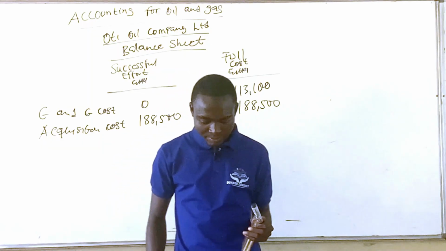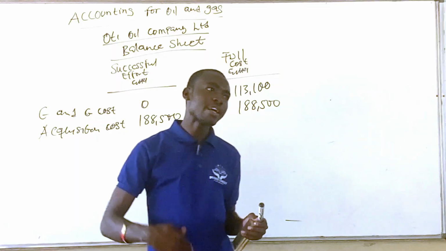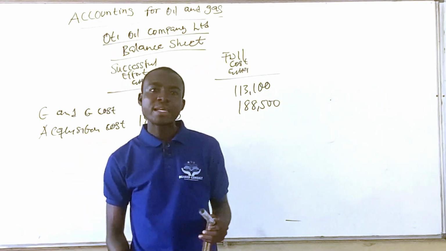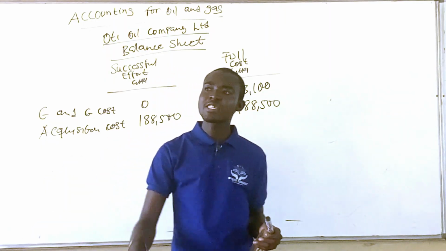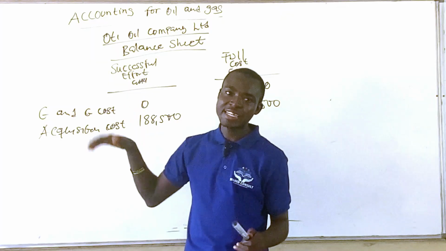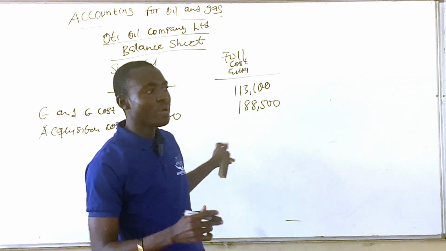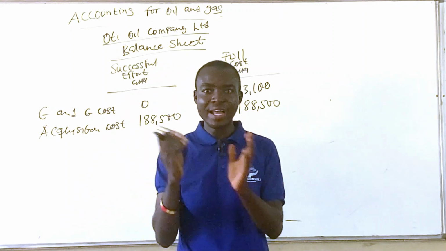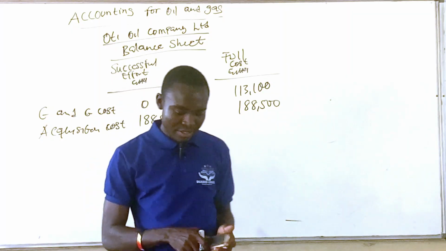And the next is exploratory dry holes. Since it is unsuccessful, it was written off as an expense in the income statement under successful effort method. So under successful effort method, it will be zero in the balance sheet, but it forms part of the cost of assets under full cost method, so it must be recorded.